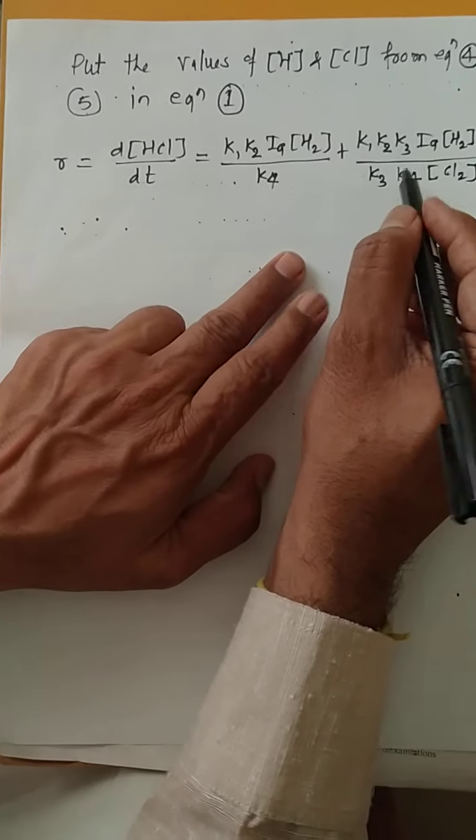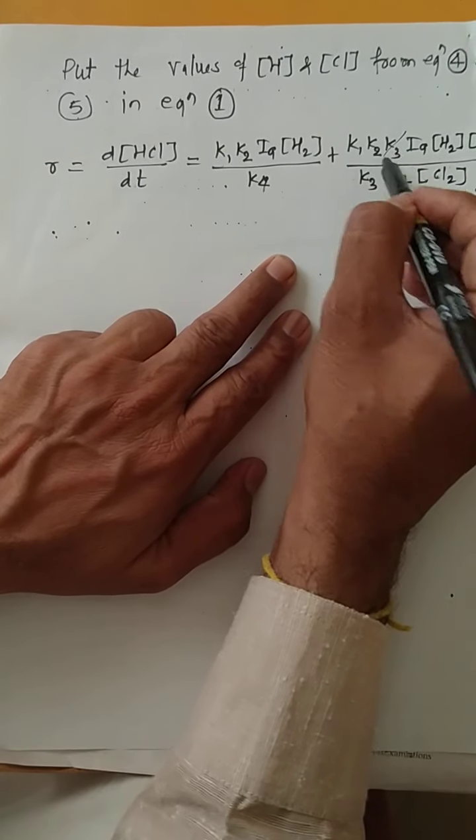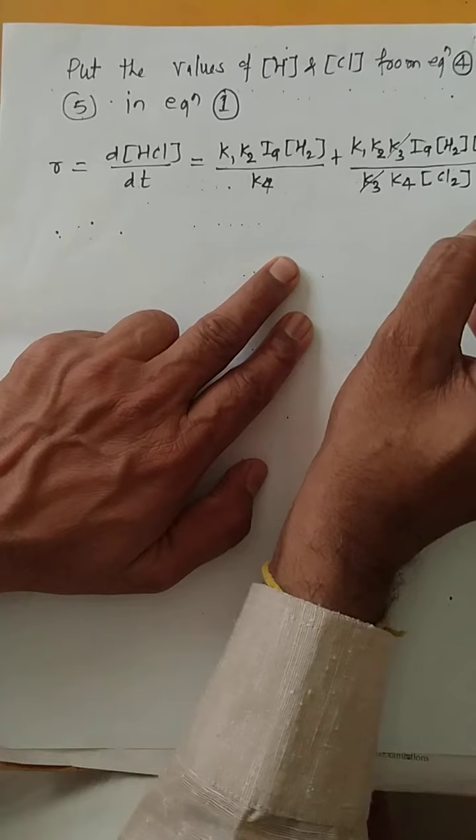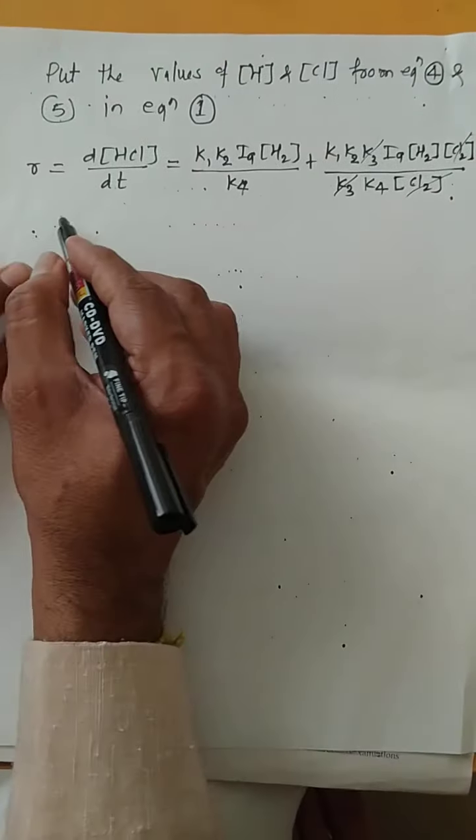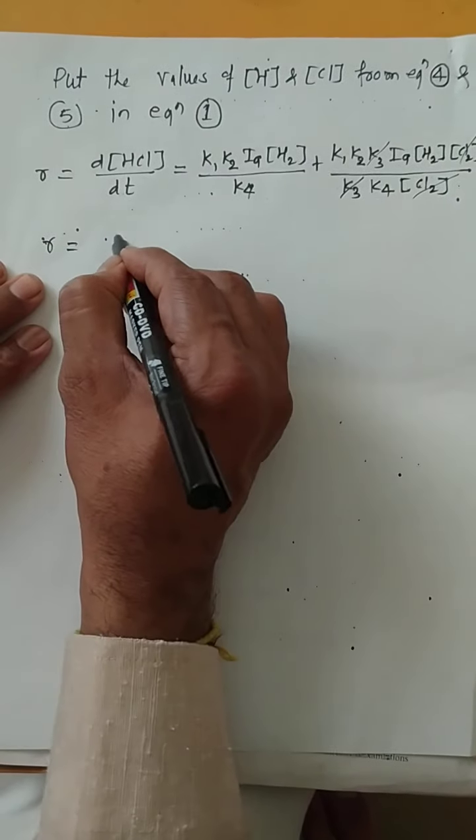Now here K3 cancelled, then concentration of Cl2 and concentration of Cl2 cancel.